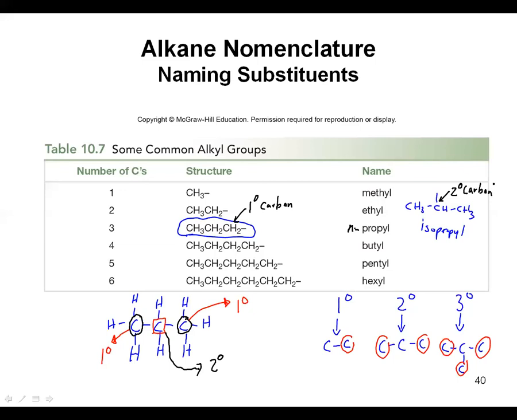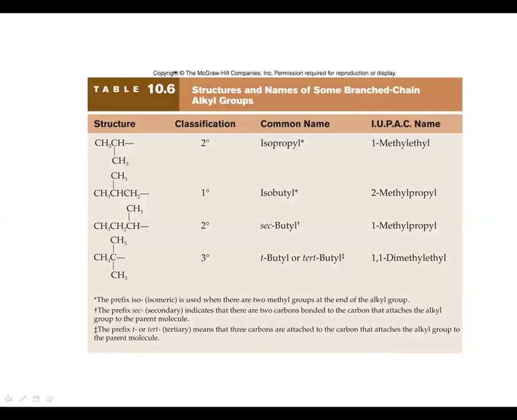One you connect through the primary carbon, and one you connect through the secondary carbon. So for primary, secondary, tertiary carbons, you look at the carbon you're interested in and just count how many carbons are directly attached to it. All right, here are some other groups, not from your book, but really for us, the isopropyl one is the main one that you probably need to know.